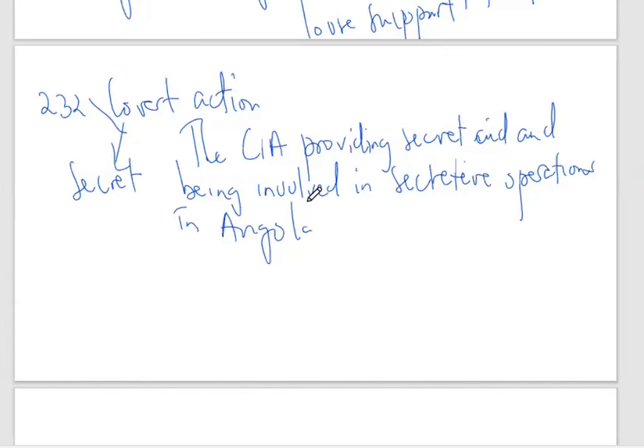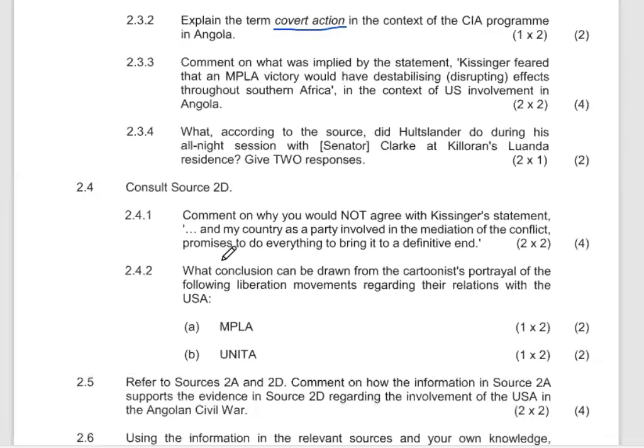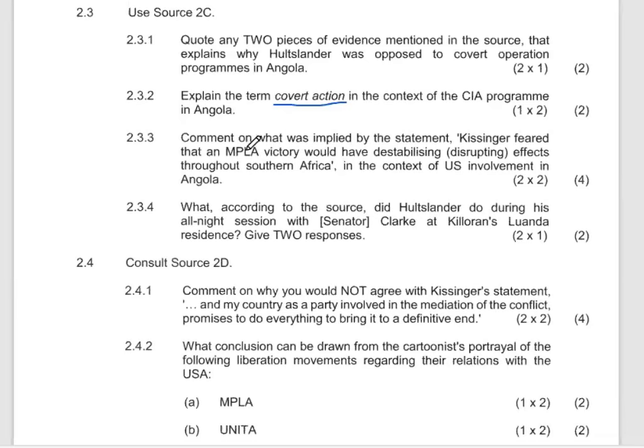Right, moving on to the next question, question number 2.3.3. Comment on what is implied by the statement: Kissinger feared that an MPLA victory would have destabilizing effects throughout Southern Africa, in the context of USA's involvement.